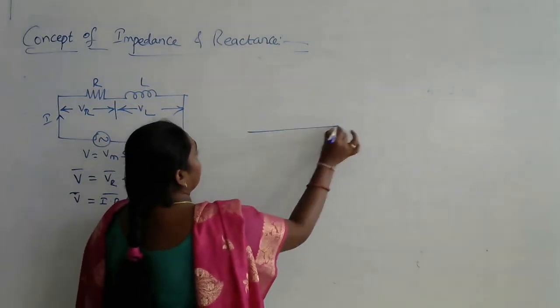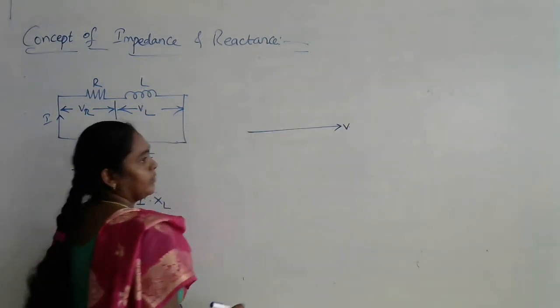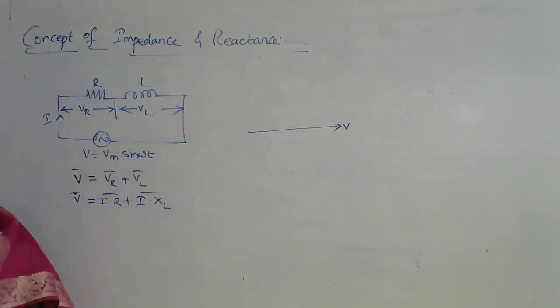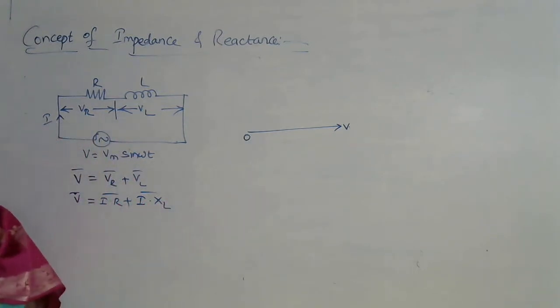Let me take this as a voltage source, where we need to take this value as 0, and first let me draw the phasor diagram for the resistance.